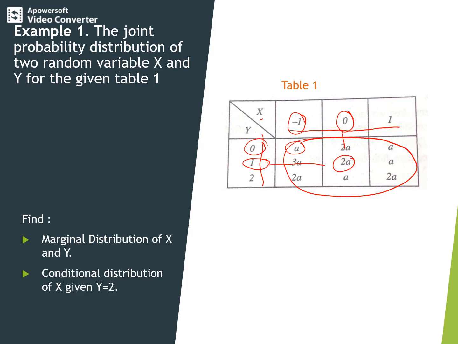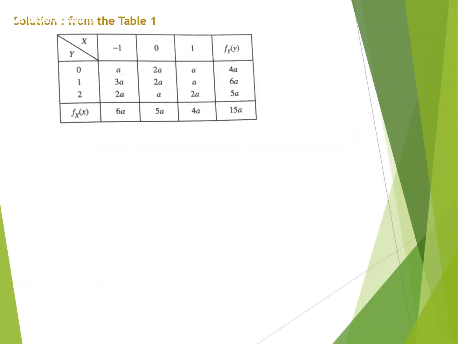Now we have to find the marginal distribution of x and y and the conditional distribution function of x given y is equal to 2. Now the solution of example 1: we have given table 1 in which we have given the joint probabilities of x and y.